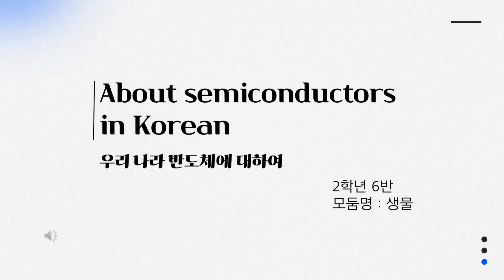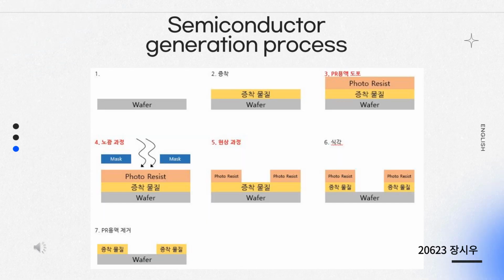Then let's get started. After supplying energy to a wide and thin silicon plate and oxidizing it, to form a silicon dioxide, display photosensitive liquid that reacts to light and illuminate it with light to draw a circuit pattern.